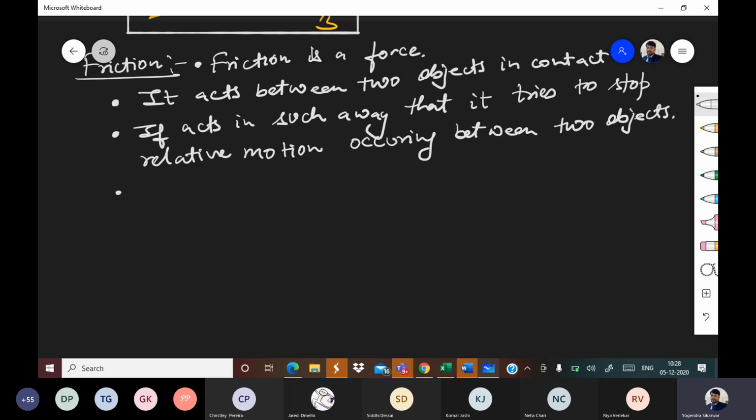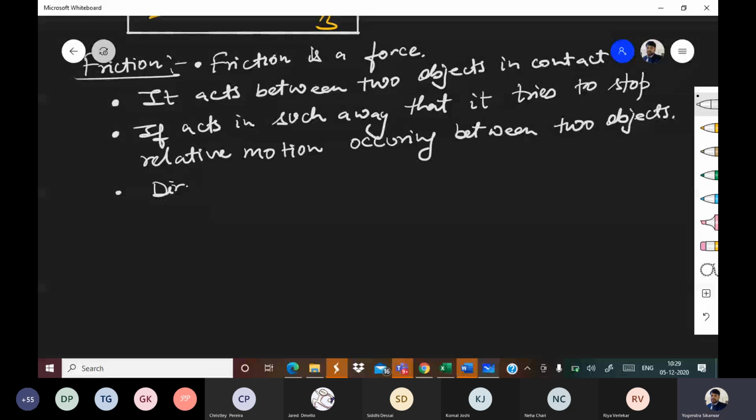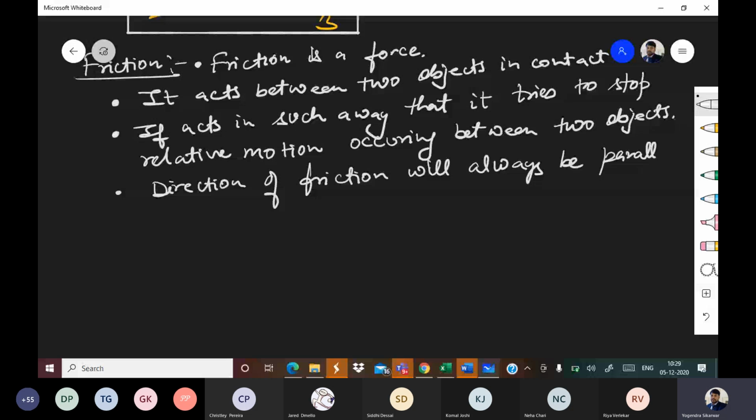Now friction acts parallel to the contact surface. So the direction of friction will always be parallel to the contact surfaces.